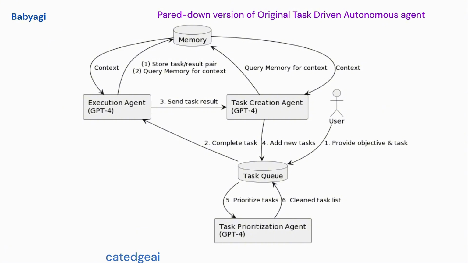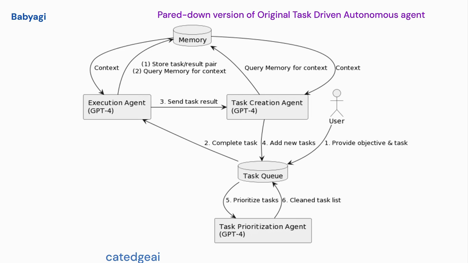It goes to the task queue, and then it prioritizes those tasks using the task prioritization agent. This agent usually uses a GPT, any kind of GPT API call you can use.